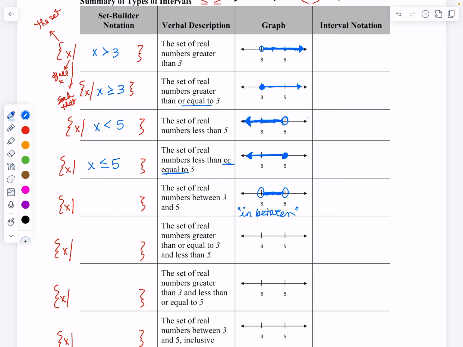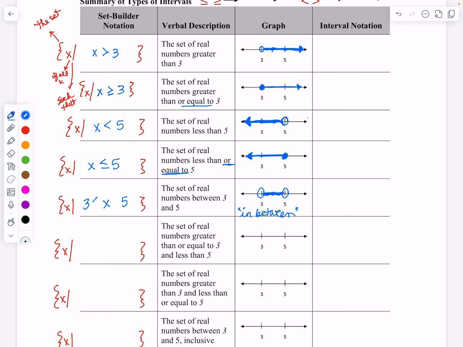All right. So we're going to put my X in between a 3 and a 5. And then I've got to get my alligators eating the right fish, right? So the alligator, if it's going to be bigger than 3, it's going to eat the X. And then it's got to be less than 5, so it's going to eat the 5.